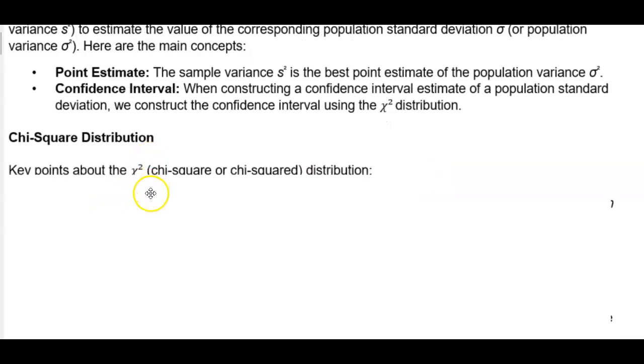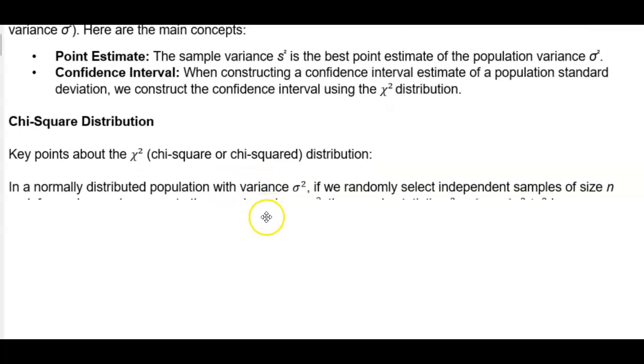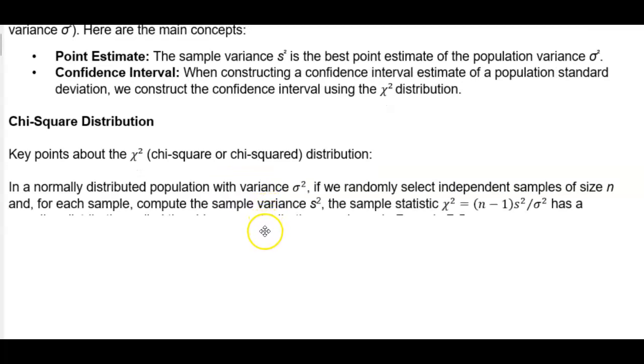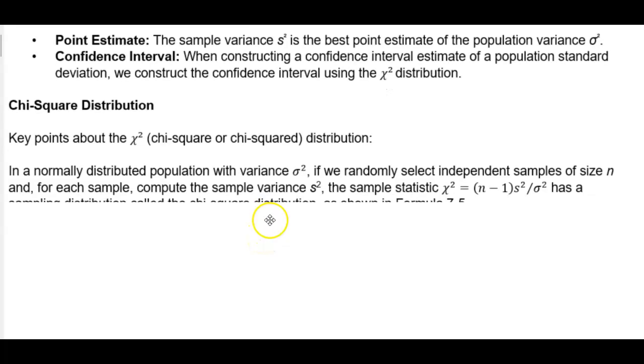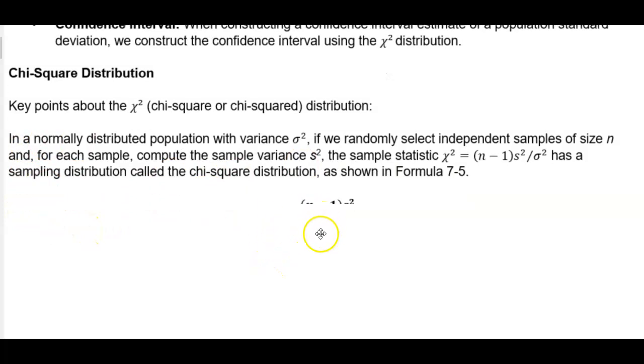The chi-square distribution. Key points about the chi-square distribution. In a normally distributed population with a variance, if we randomly select independent samples of size n and for each sample compute the sample variance, the sample statistic chi-squared, which is equal to (n minus 1) times the sample standard deviation squared divided by the population standard deviation squared, has a sampling distribution called the chi-square distribution, as shown in the formula below.